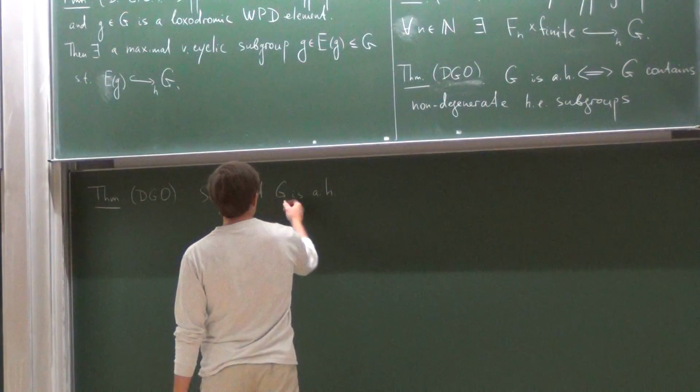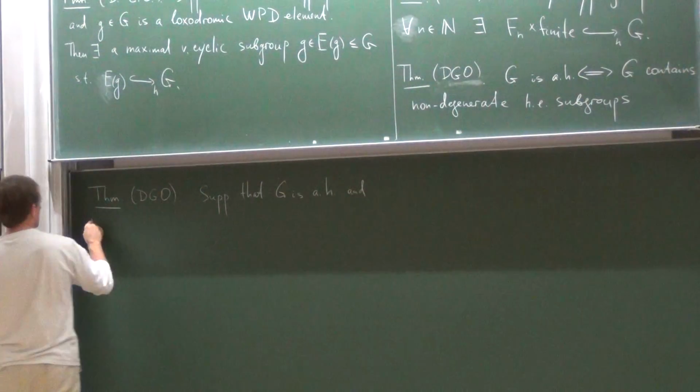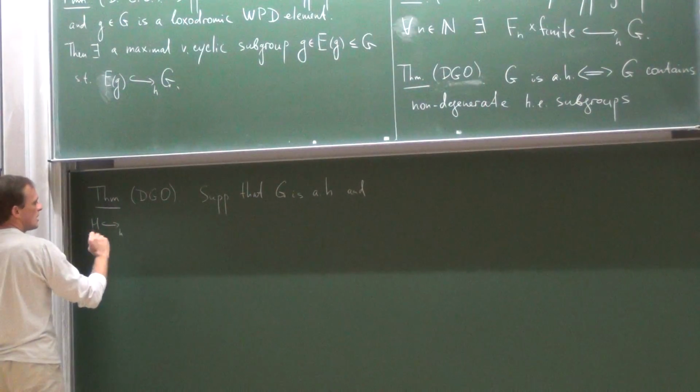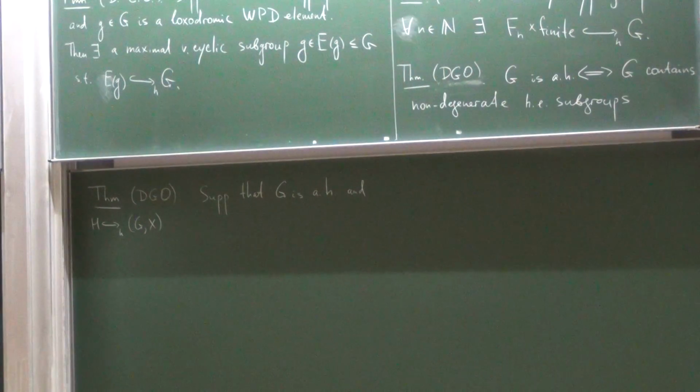Theorem: suppose that G is acylindrically hyperbolic and H is hyperbolically embedded into G with respect to some relative generating set.